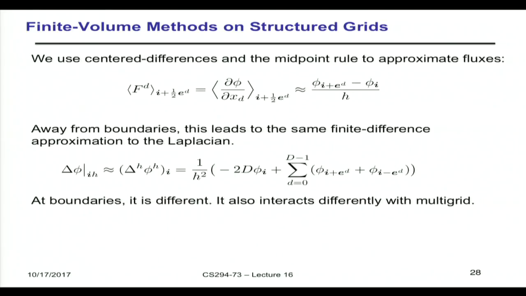So let's talk about this form of the Laplacian then. If those gradients look like a difference that's an average across a face, and I started with these cell averages to the left and the right of the face, then a simple gradient would be a difference of those two. And this is accurate to second order in h. And what you end up with is exactly the same discretization that we had in the nodal point case.